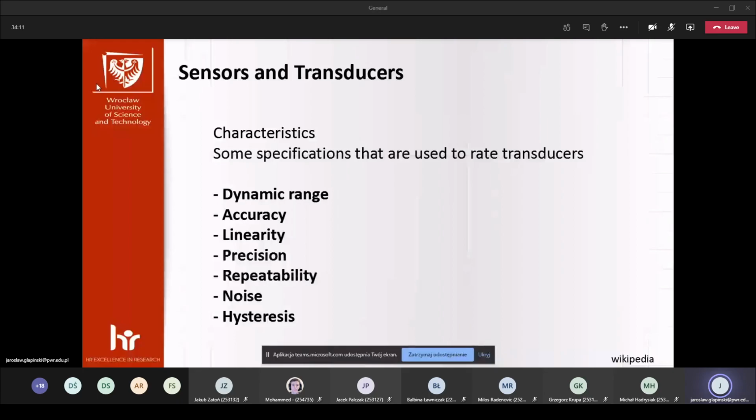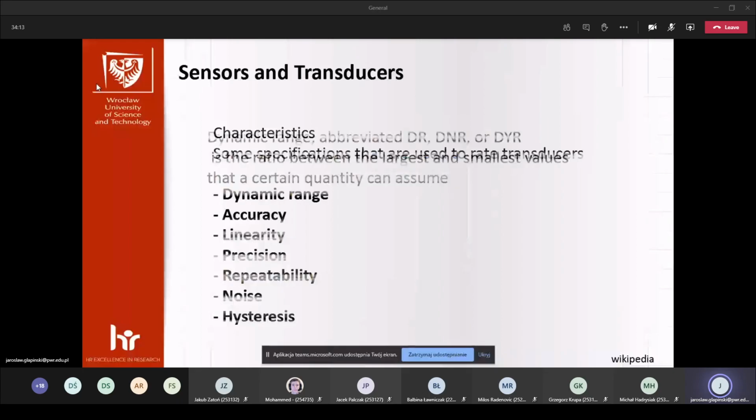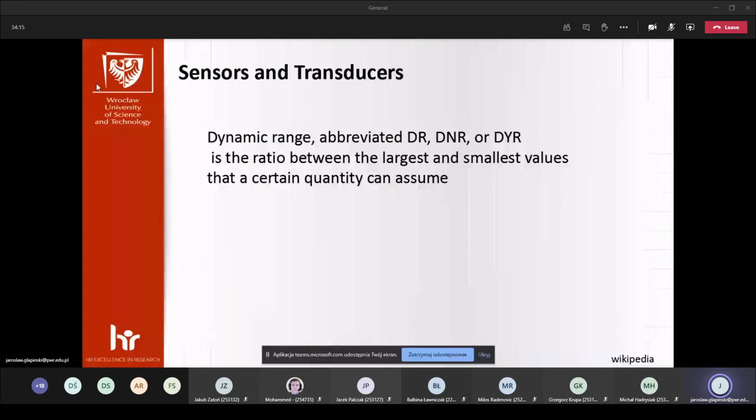So the first one is dynamic range. Typically, we can say DR or DNR or DWR. So if you find in the manual or the datasheet the words DR or DNR, it means the dynamic range of the sensor or transducer.